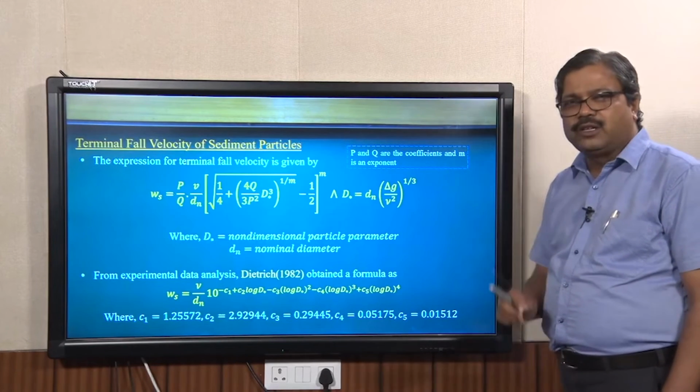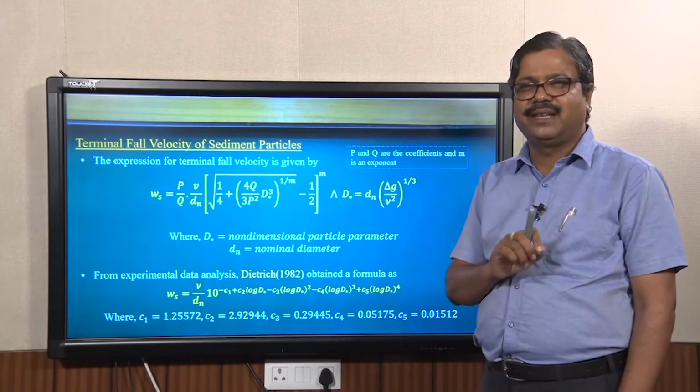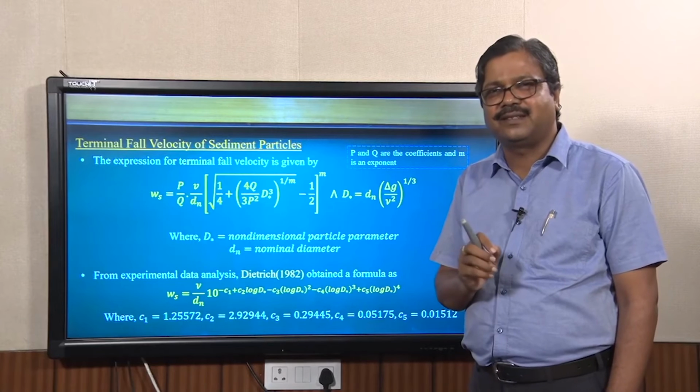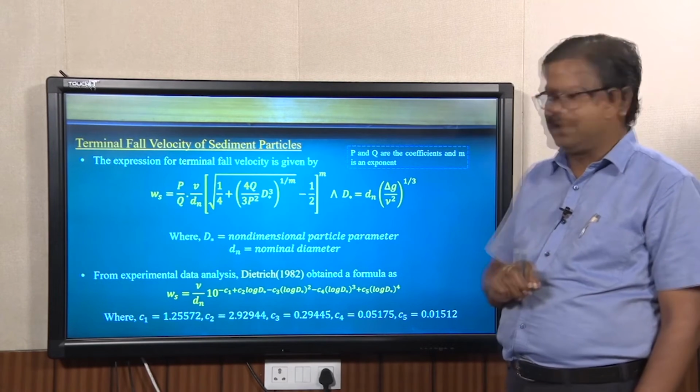But we are talking about the terminal velocity of sediment particles, and sediment particles are not spherical in shape. So for that we need correction factors.